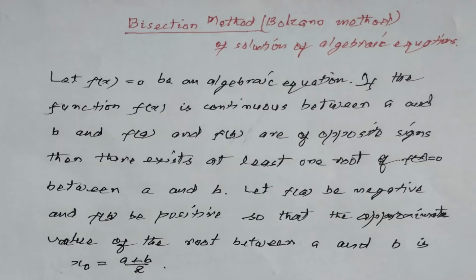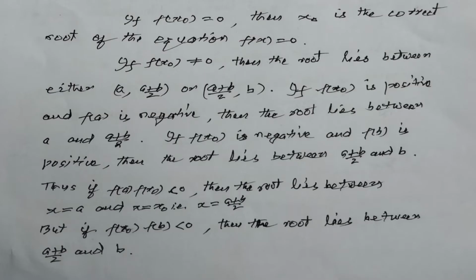Let f(a) be negative and f(b) be positive, so that the approximate value of the root between a and b is x0 equal to (a plus b) by 2.